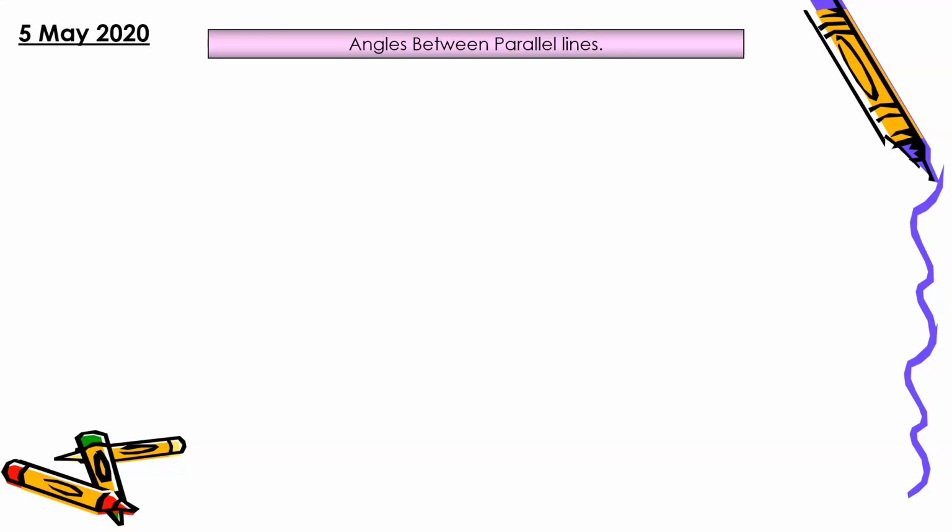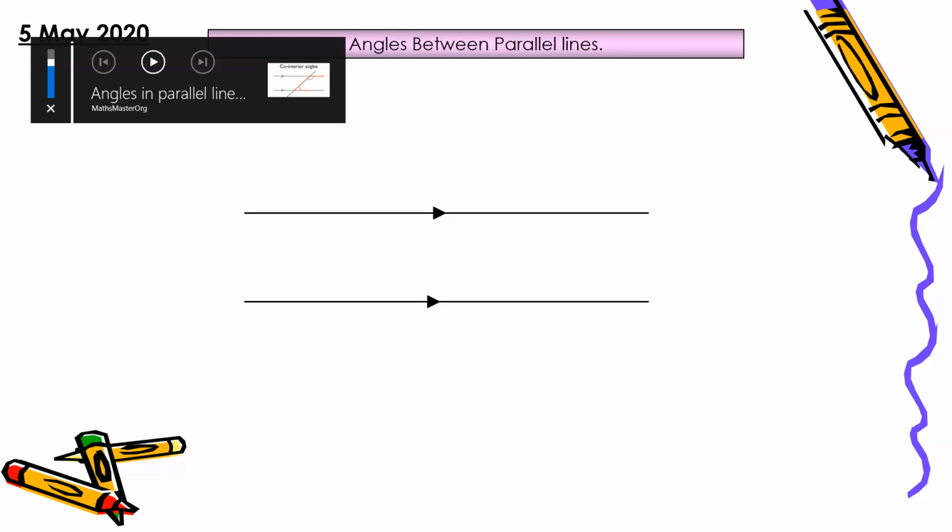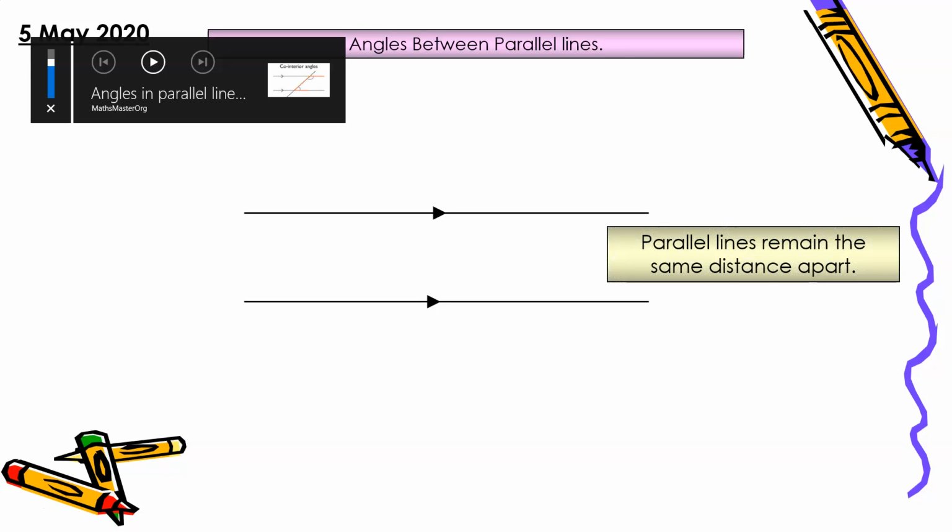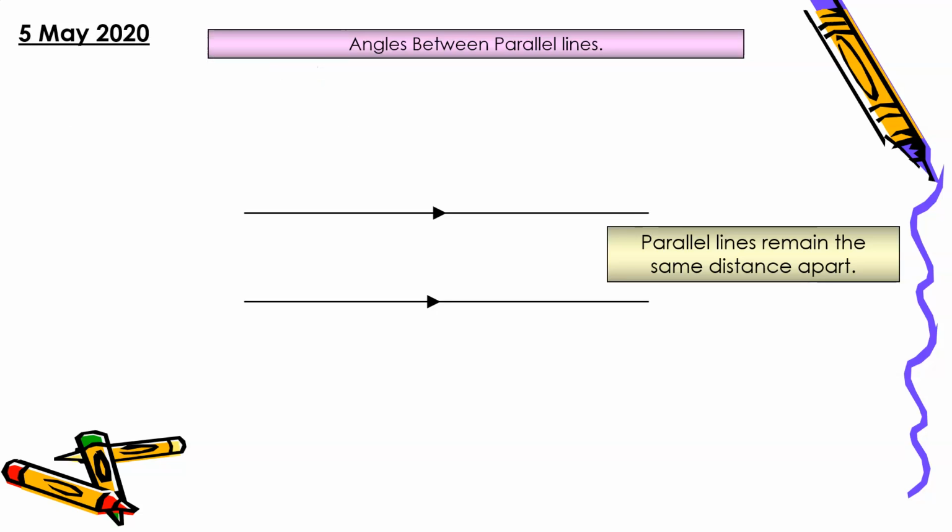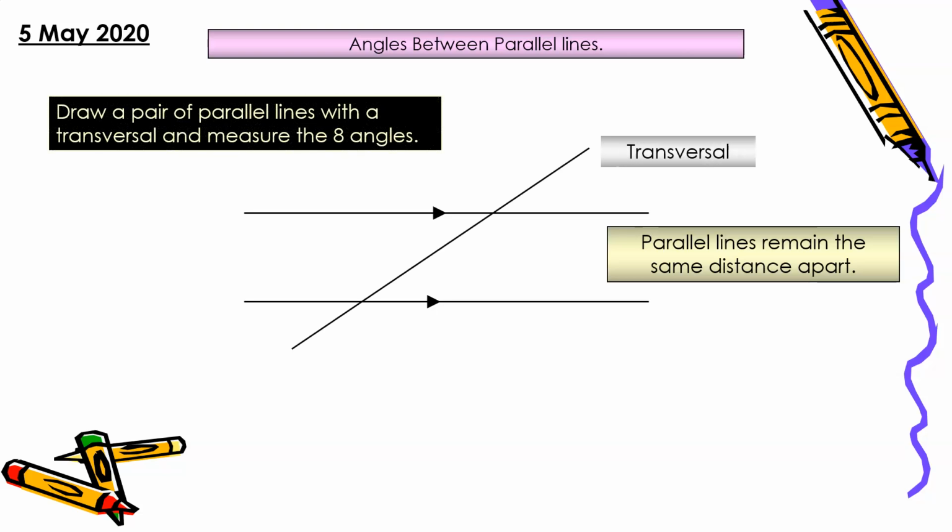So what we're going to focus on now that you've got a good understanding of all those things is finding the angles between them. So parallel lines we know remain the same distance apart. We've got our transversal line, and that creates 8 angles around the intersection of the transversal line and the parallel lines.